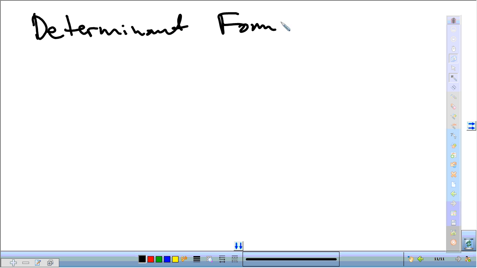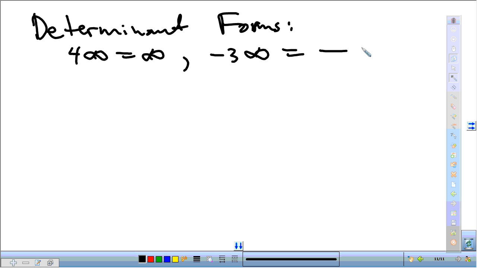So, the new conceptual values using arithmetic with infinity and division by 0, we get determinate forms. So if we take something like 4 infinities, we get an infinity, any other constant. If we have a minus, then it just ends up minus infinity. Infinity plus an infinity is okay.